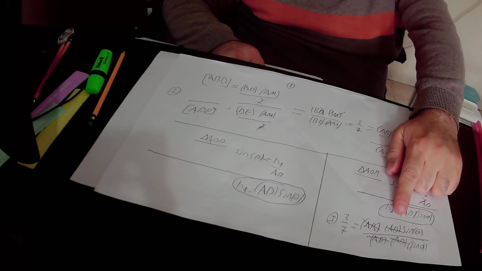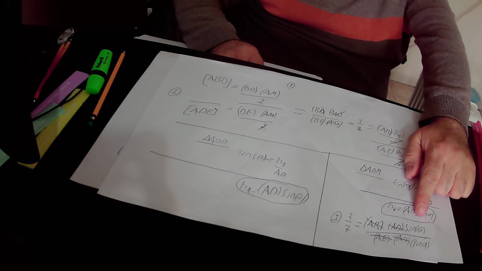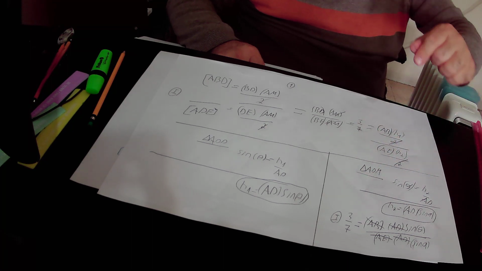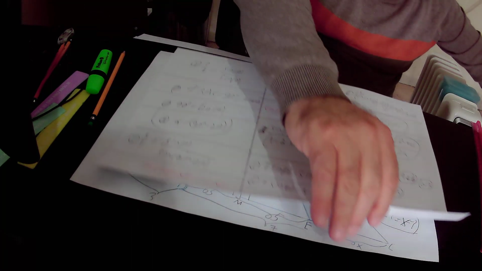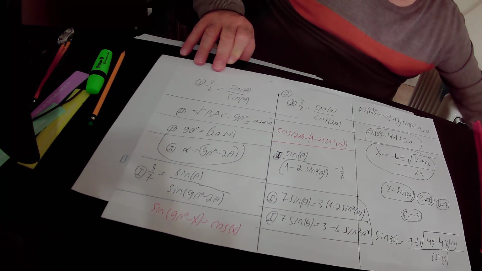AD over AD is also 1, it will get cancelled. And we are left on this side of equation number 1 with sine theta over sine alpha, that equals 3 over 7. Okay, so according to equation number 1, 3 over 7 equals sine theta over sine alpha.